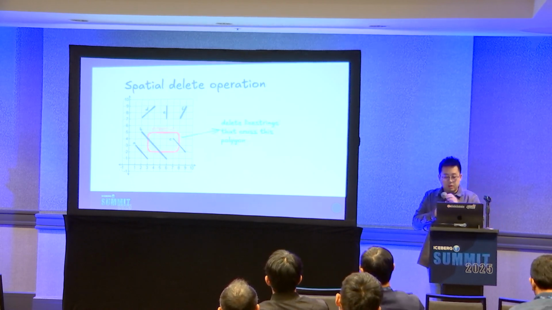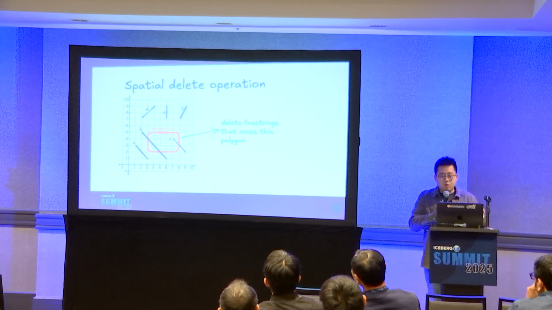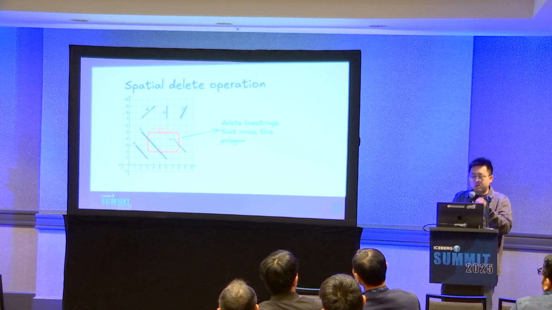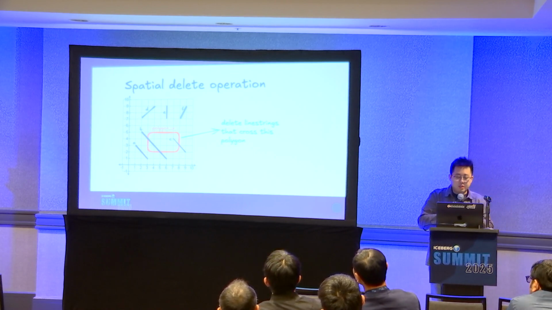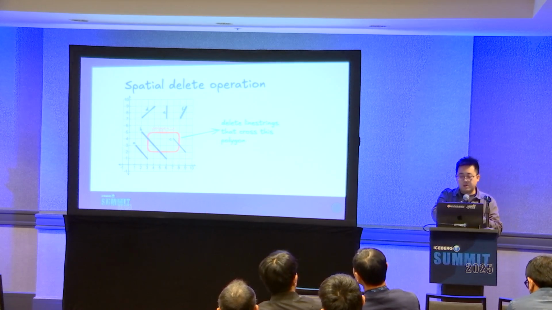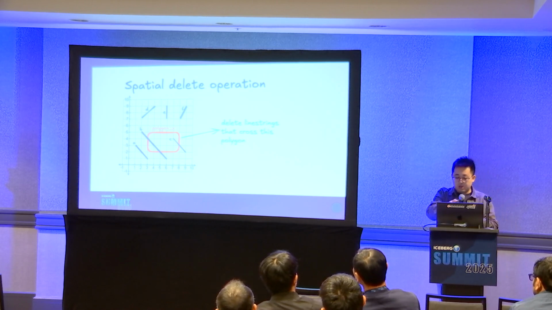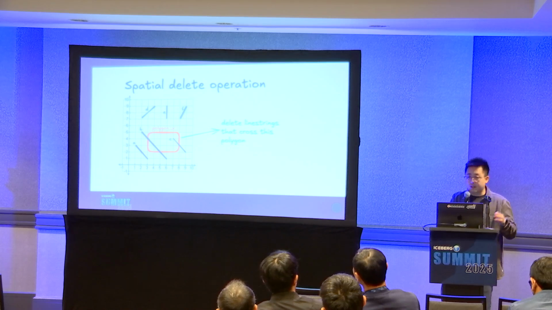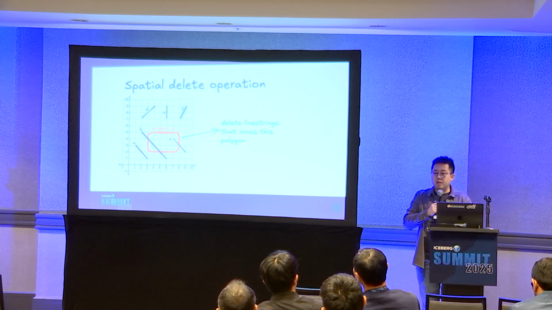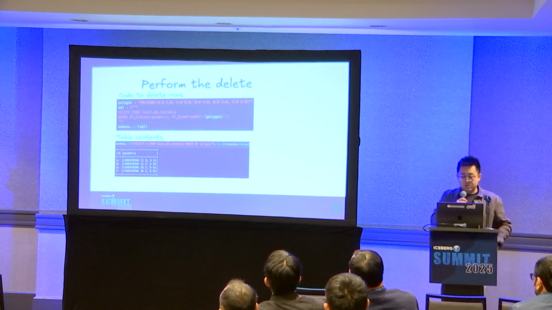Now, let's delete some records. Let's assume we want to delete all the line string objects that intersect the orange polygon here. In this case, B and C intersect with the polygon, and we want to delete them. How could we do that with the Iceberg geo data type? Here is the statement we're going to use.